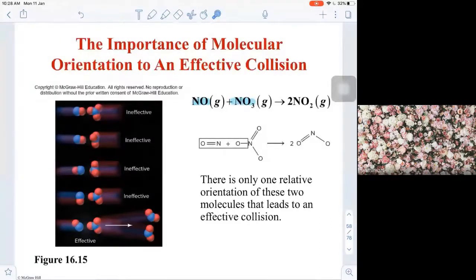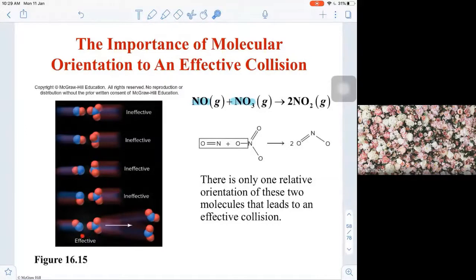And then the third set is the nitrogen colliding with the nitrogen in nitrogen trioxide. Nitrogen with nitrogen, ineffective as well. And then the next set is the nitrogen with this oxygen, ineffective.